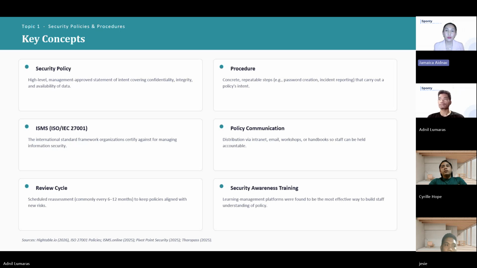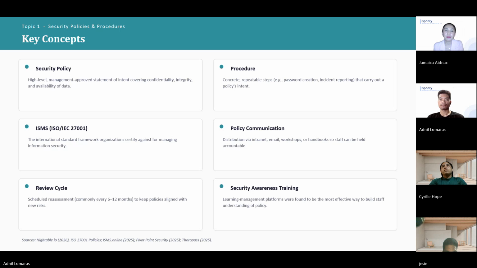Each with its own scope, its own designated owner. This modularity is itself a design decision meant to make the documents easier to write, easier to update, and easier to audit.